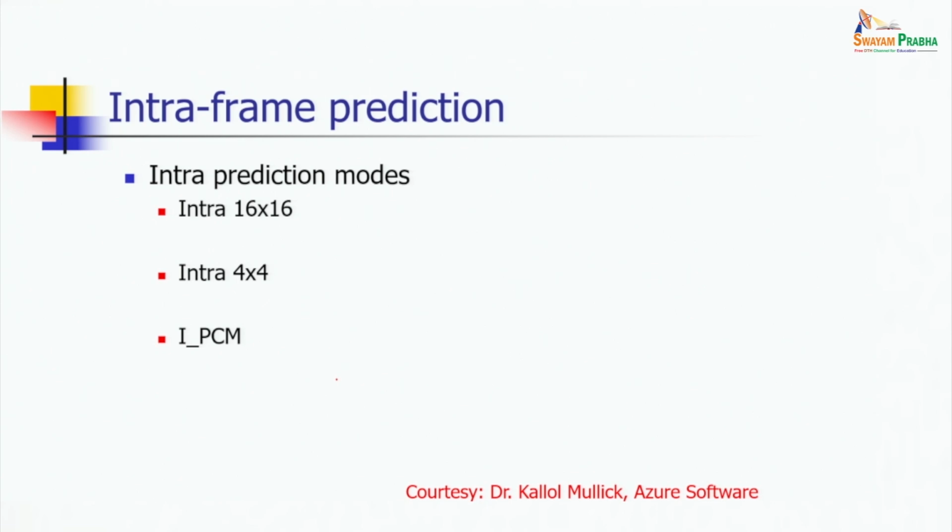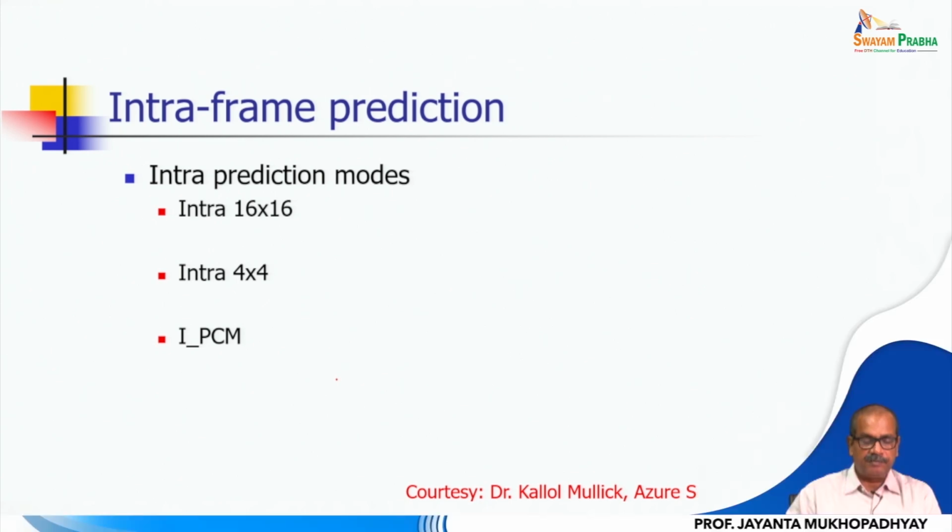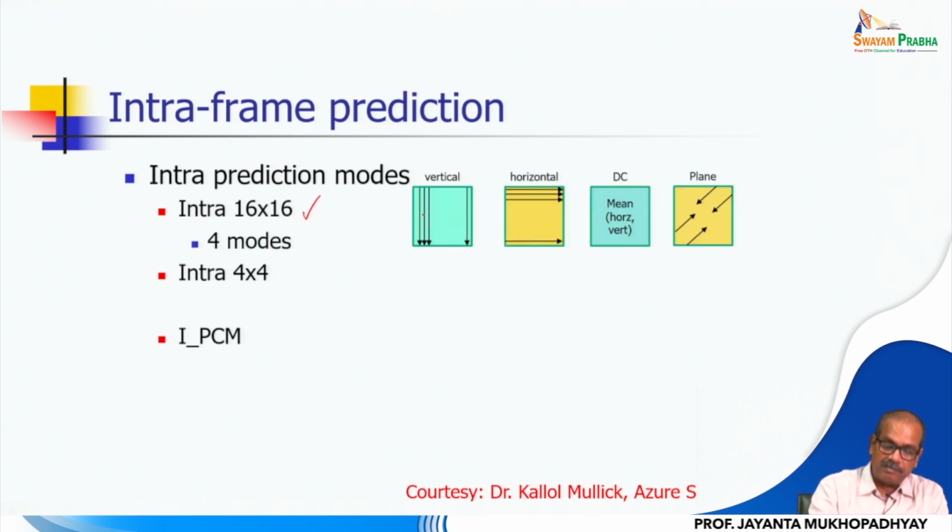For intra-frame predictions, let me give you a brief overview of the different prediction modes or standards. One is intra 16x16 blocks with different kinds of scanning. Say if you do vertical scanning, you are predicting the pixels here from these past pixels. That is the kind of mode here, 16x16, or in horizontal scanning you are predicting horizontally.